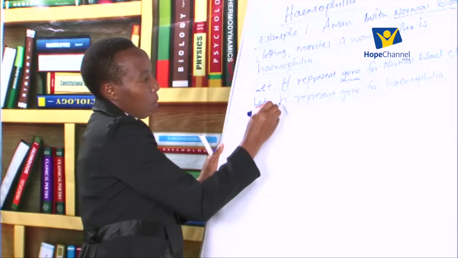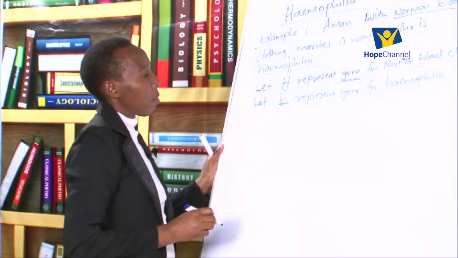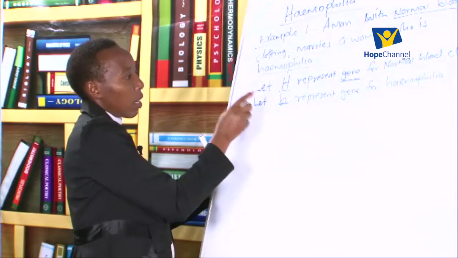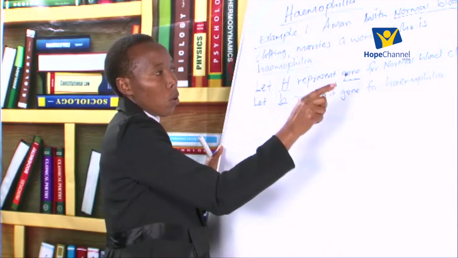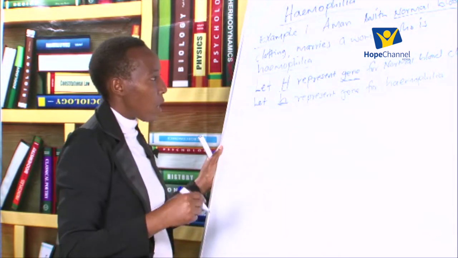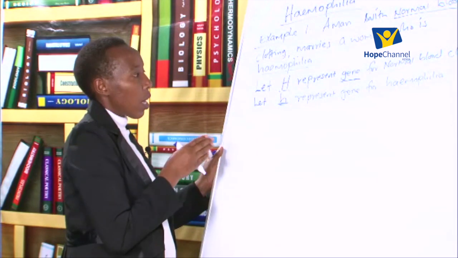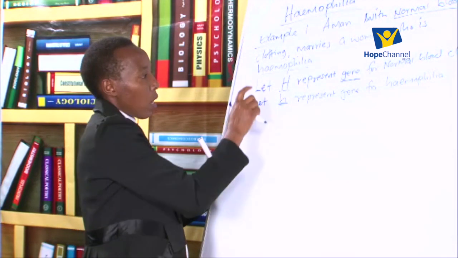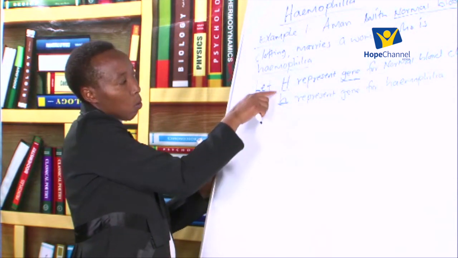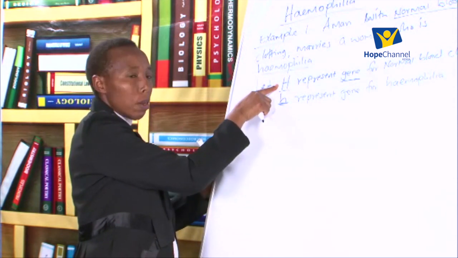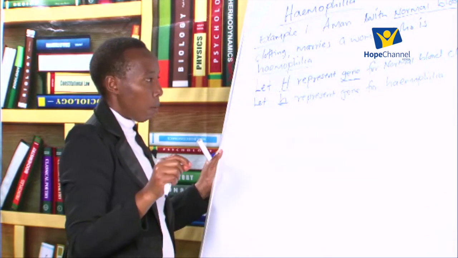So be very keen with the letters. Capital H represents the gene for normal blood clotting. You can use the letter that you want, but in this example I've decided to use capital H and small h. Anytime we use a capital letter, it represents a dominant gene.